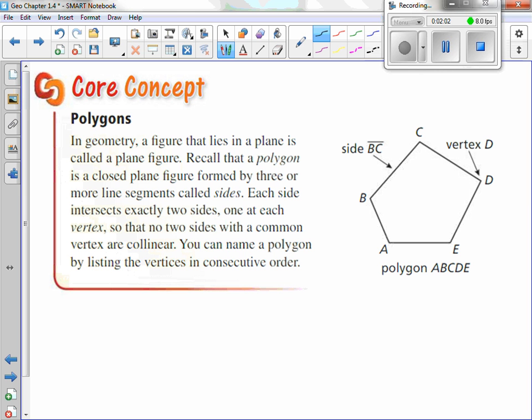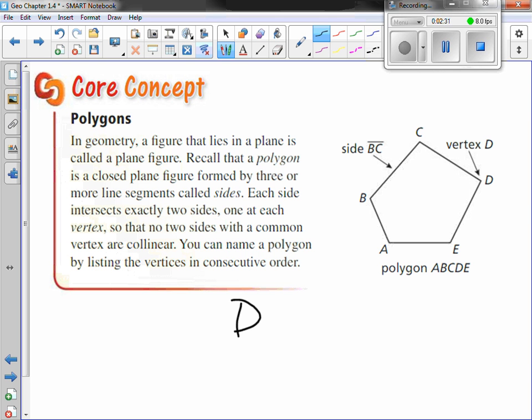Now, if you notice at the end of that, you can name a polygon by listing the vertices in consecutive order. So you pick a spot and then go around. Shani, pick a vertex up there. D. So I can name this starting with the letter D. Someone give me another letter.